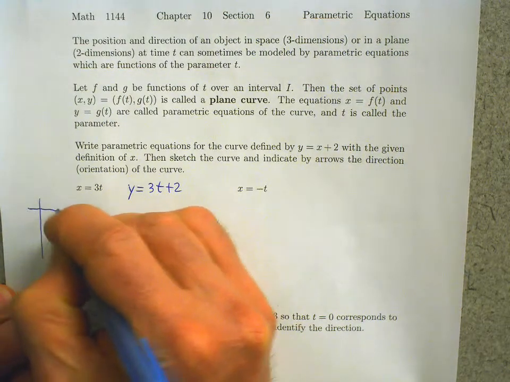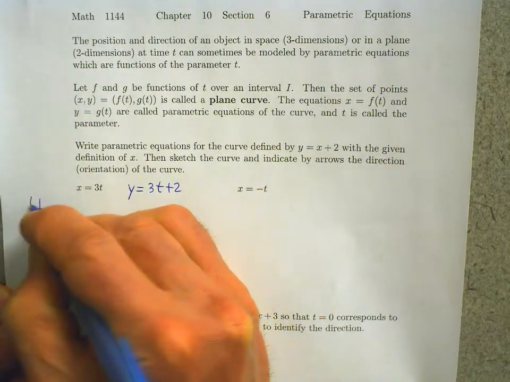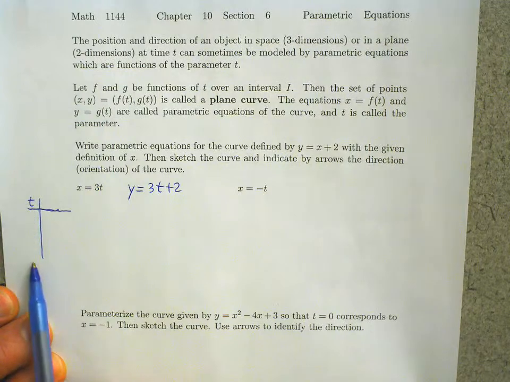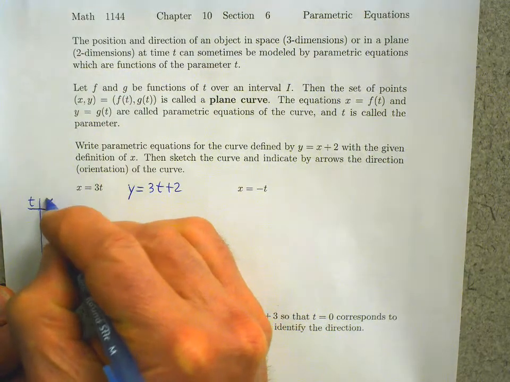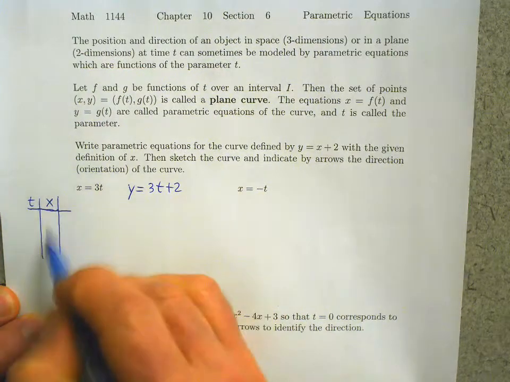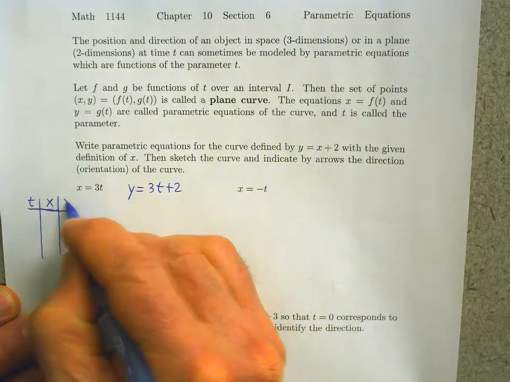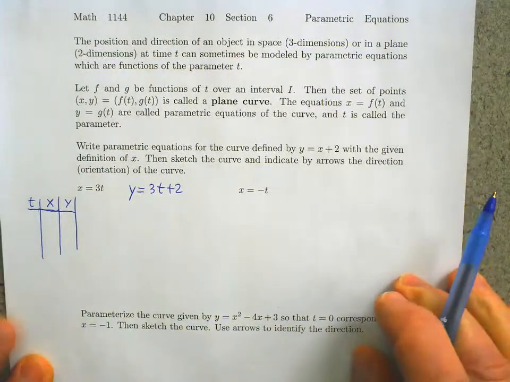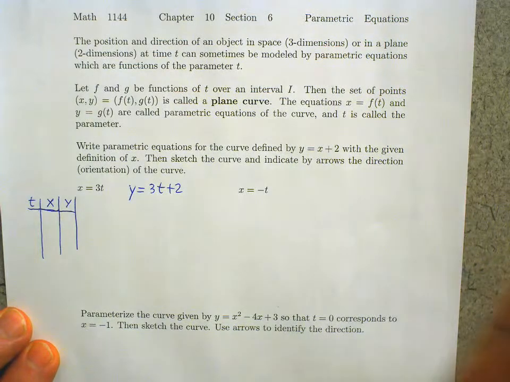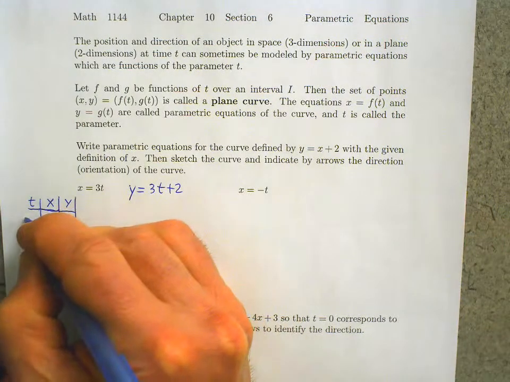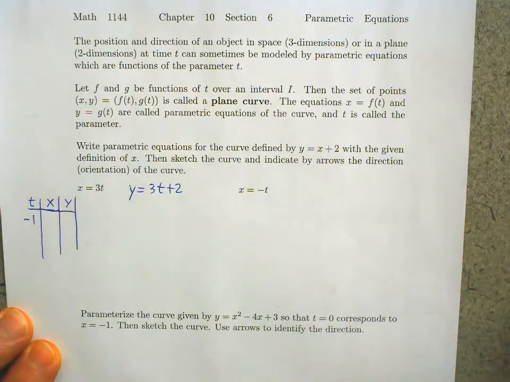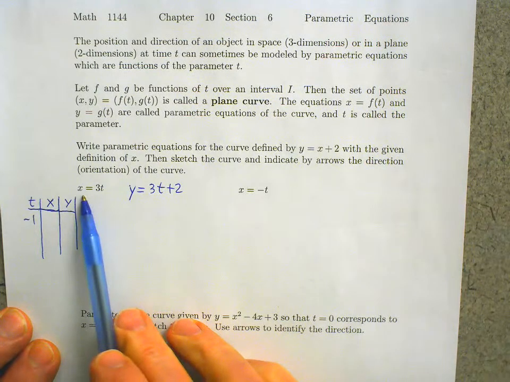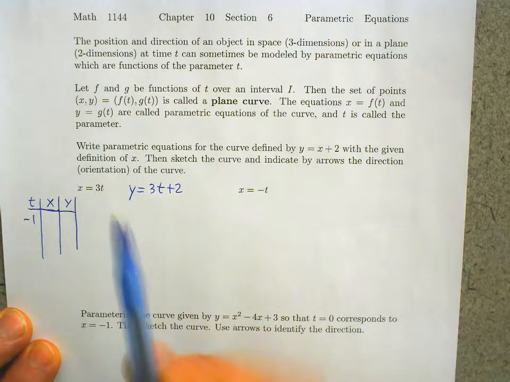So I'll create a table. I'll have t values in the left column, x coordinates in the middle column, and then y coordinates on the right. So if we start with t equals -1, then the x coordinate is 3 times -1 or -3.